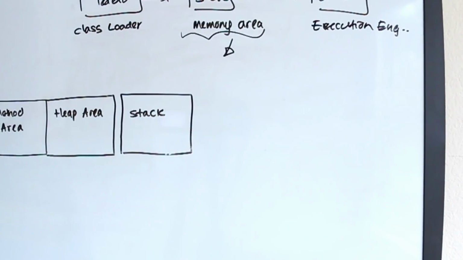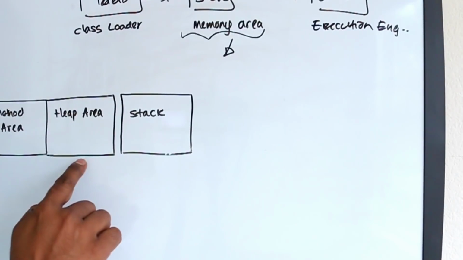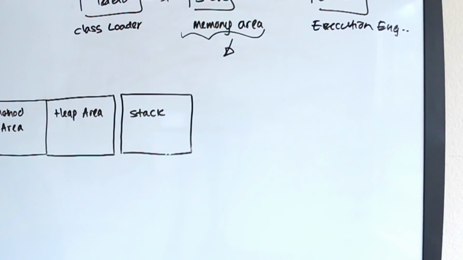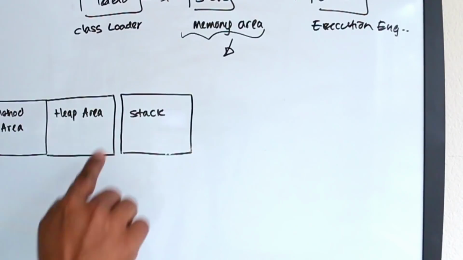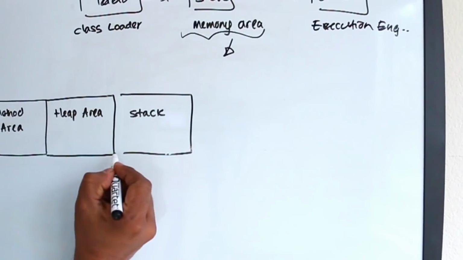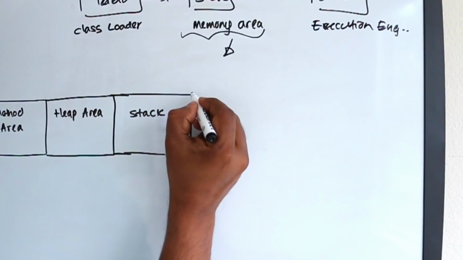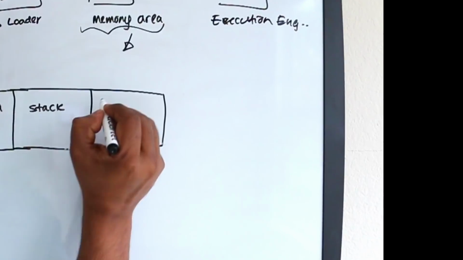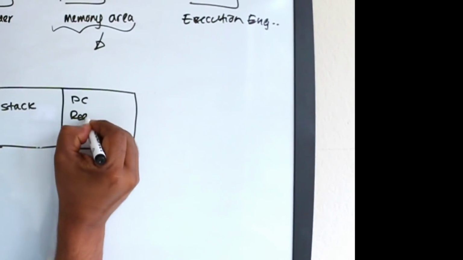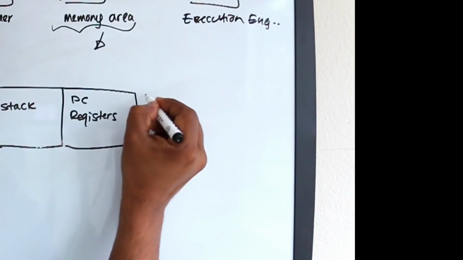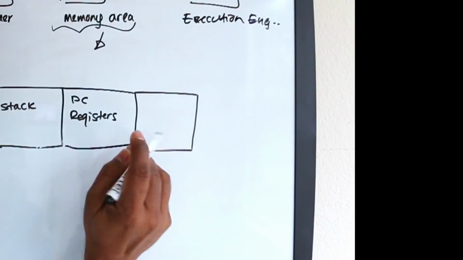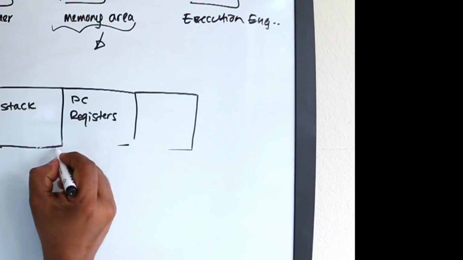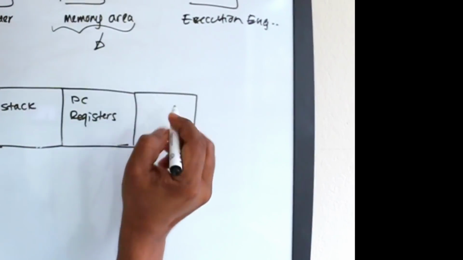Okay, so a lot of developers think that in memory you have a heap and a stack. That's the common answer they give when asked, but it's not only those. After stack you have PC registers, and finally you have something called, forgive me, I'm not good at drawings, native method area.